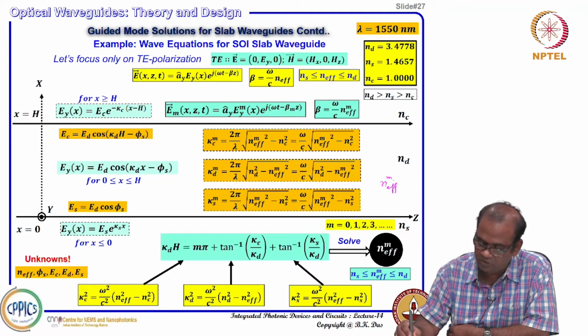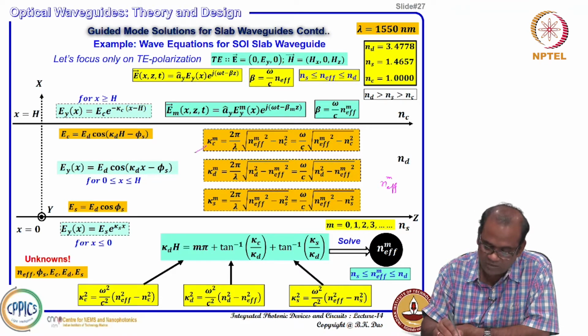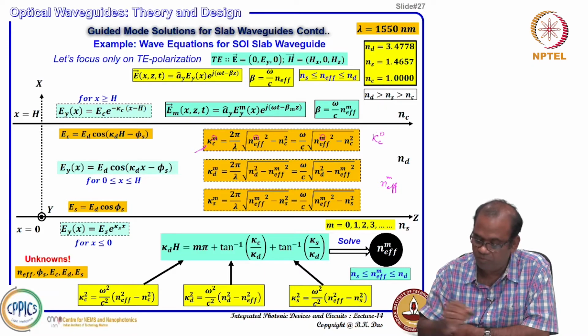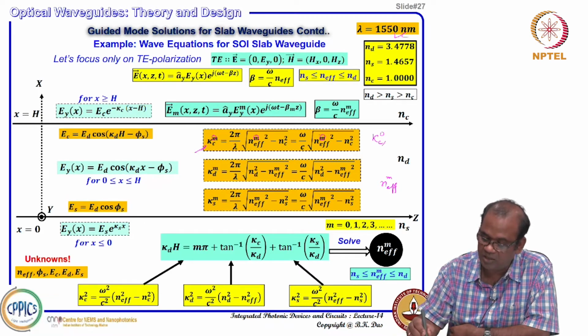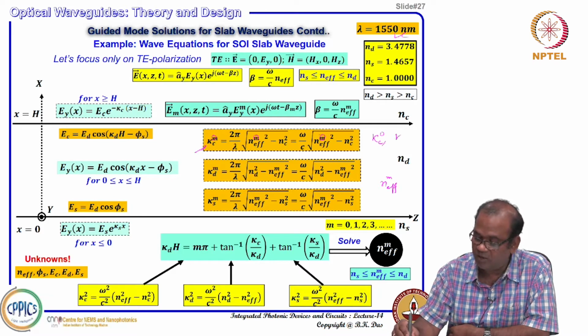Then I can find the effective index for each m, and from it one kappa_c value. For m equal to 0, if I put in effective index 0, I will get kappa_c 0, and if I put m equal to 1, that means effective index 1, with lambda known and all other values known, n_c known, then I will get kappa_c 1, and then kappa_c 2 corresponding to the effective index. Different solutions give you different values.